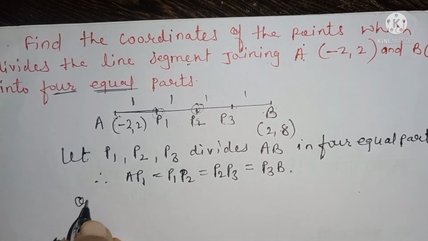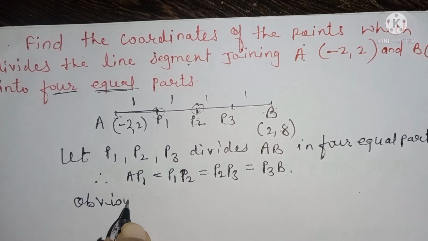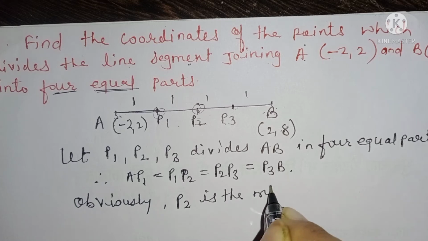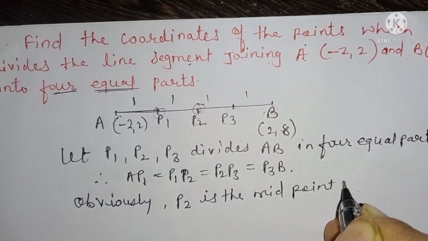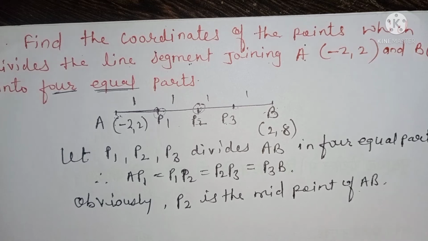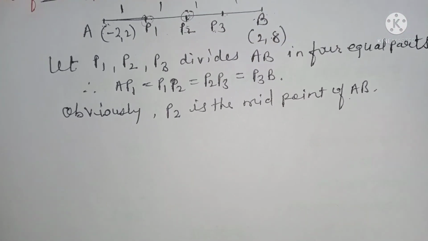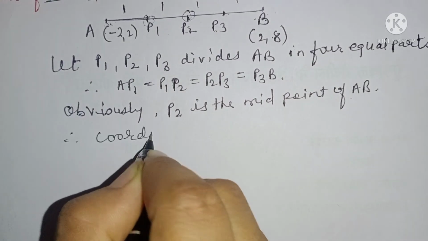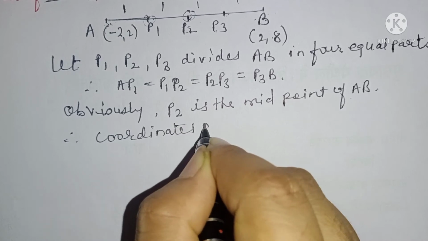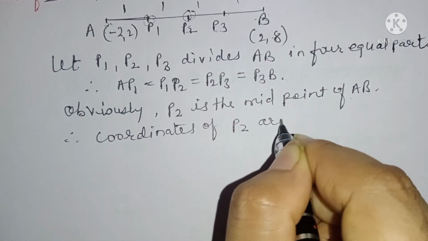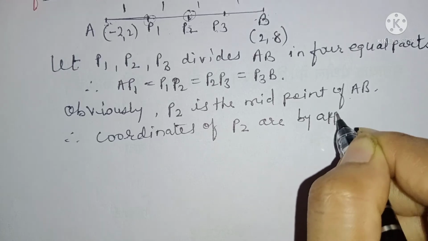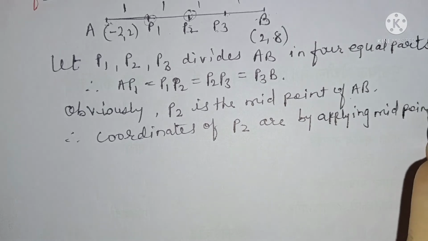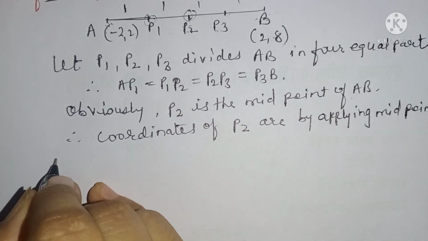So it is obvious that P2 is the midpoint of AB. So by applying the midpoint formula we can find the coordinates of P2. Now therefore the coordinates of P2 are, by applying the midpoint formula, right? What is the midpoint formula?